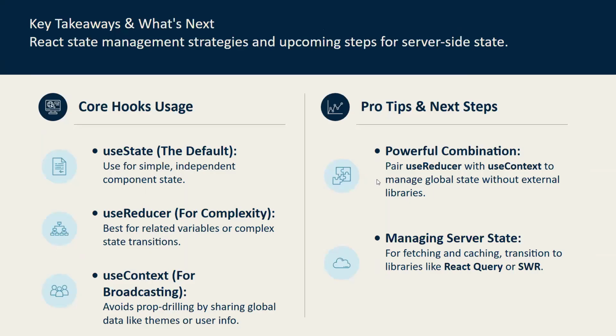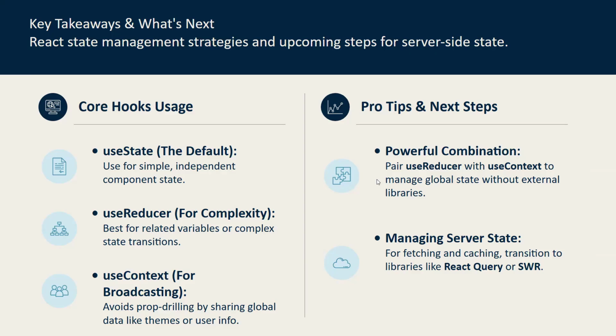And now that we've taken a closer look at all these hooks, let's try and remember which hooks can be used for different use cases in a React application. useState is still the default choice when it comes to simple, independent component state.